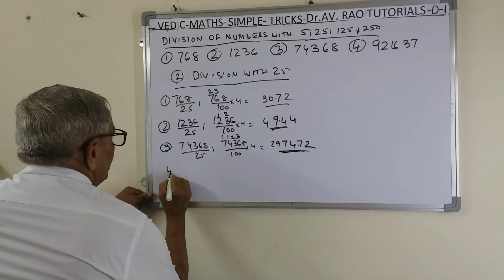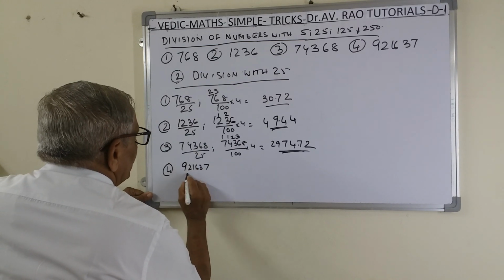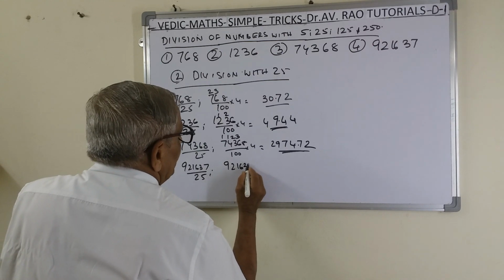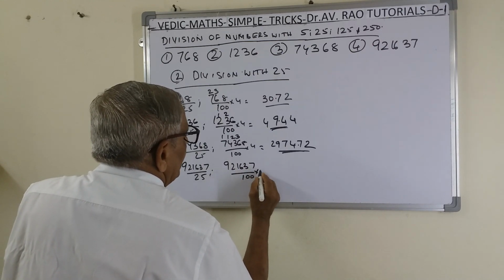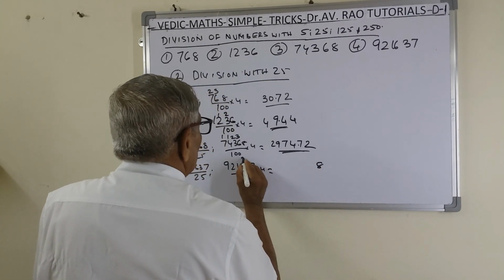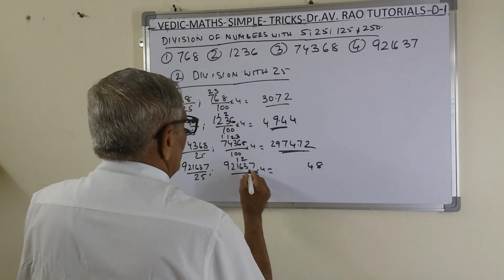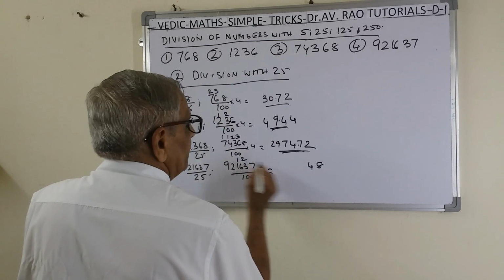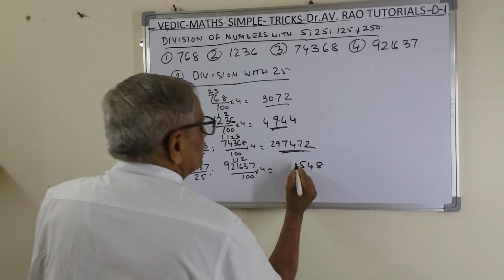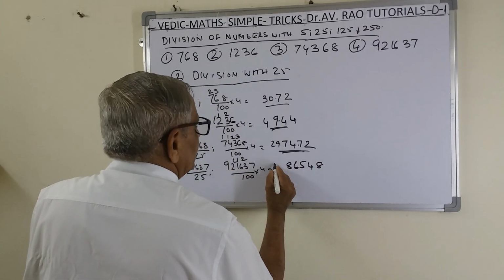Now coming to fourth example, 921637 divided by 25 can be written as 921637 divided by 100 into 4. 4 sevens are 28, 2, 4 3s are 12 plus 2 is 14, 1, 4 6s are 24 plus 1 is 25, 2, 4 1s are 4 plus 2 is 6, 4 2s are 8, 4 9s are 36.